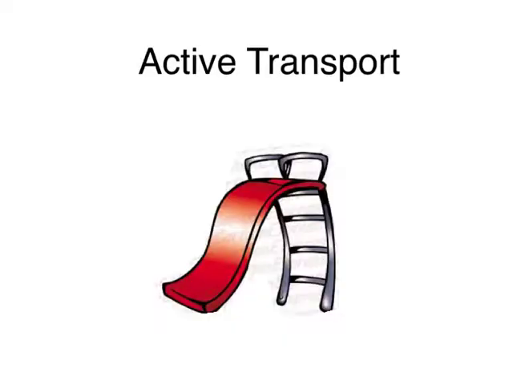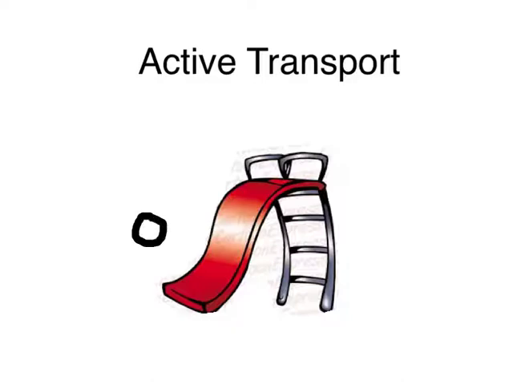Alright, now I said at the beginning that there were two main categories of transport, the way the cell can move things in and out, and I'm just going to briefly introduce the second one, which is active transport. The main difference you need to know is before we moved from high to low. We went down that slide like good rule-following people. Well, active transport's a little bit more fun. This is that kid. Come on, drawing tool.